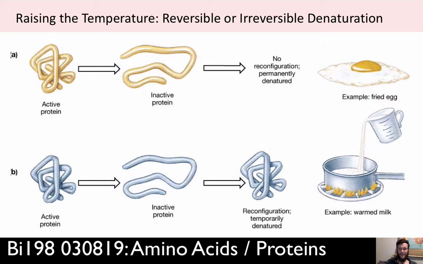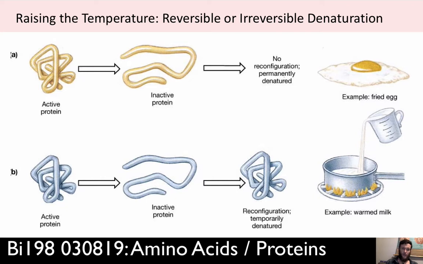All right, on to everybody's favorite way to denature protein: cooking, raising the temperature. So there's two possible things that can happen. You can either reversibly or irreversibly denature a protein. So first of all, let's just think about the more common one, that is the irreversible denaturation of a protein.